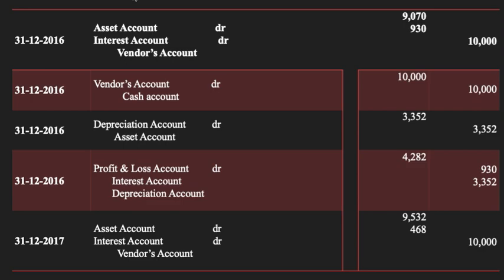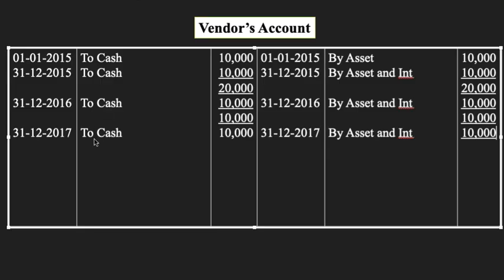The same we are going to record there. So here it will be to cash on 31st 12 2017 10,000 rupees and on 31st 12 2017 it will again be 10,000 rupees where we have asset and interest. Asset value is 9,532 and interest is 468. So we are going to close it here. It will be 10,000 rupees, right? 10,000 here and let's close it here.